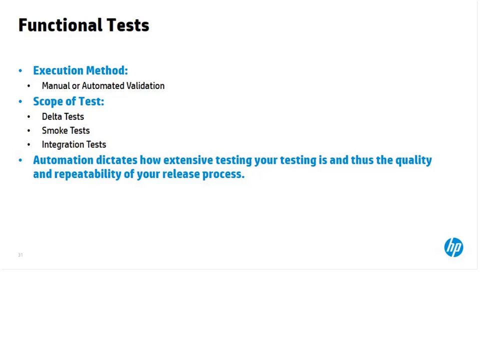Automation is a very important piece here, because it will dictate how extensive testing you can conduct. The more manual your test process is, the more likely it is that you're not going to be conducting as extensive testing. It's going to require a lot of time and effort.